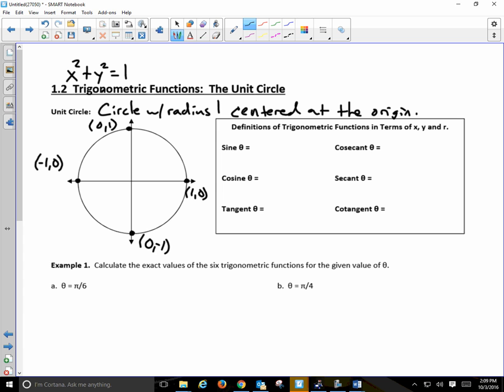Here's something that you learned this past week. You learned that if theta was 30 degrees, then the terminal point was root of 3 over 2, 1/2. Do you remember doing those type of problems?